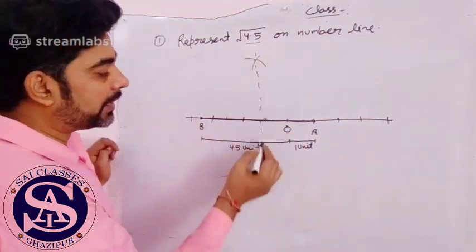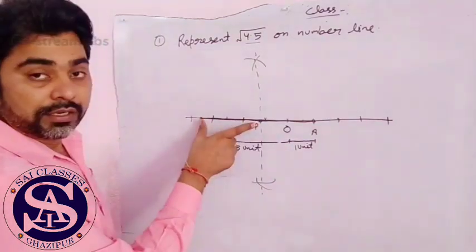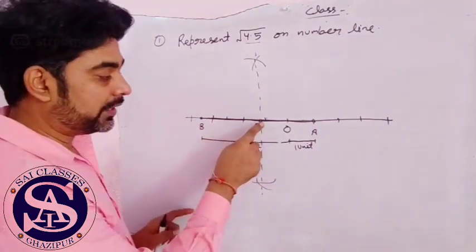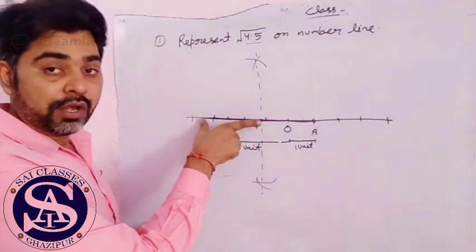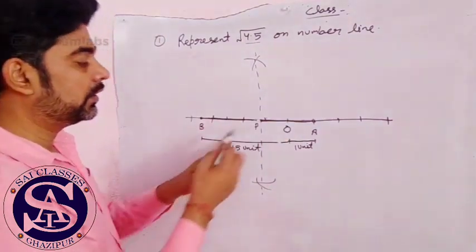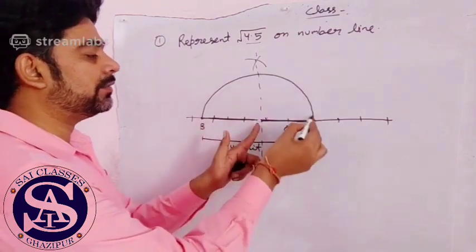So the perpendicular bisector cuts the number line at P. Taking P as center and PB or PA as radius, make a semicircle here, right?